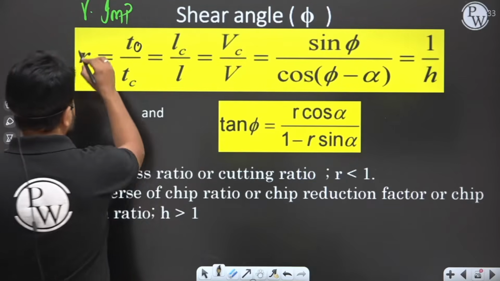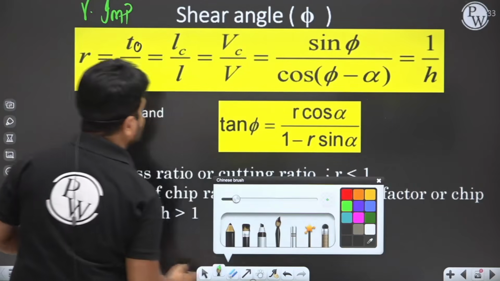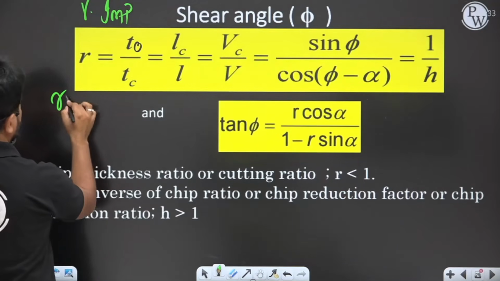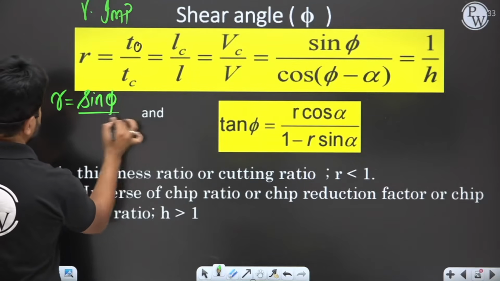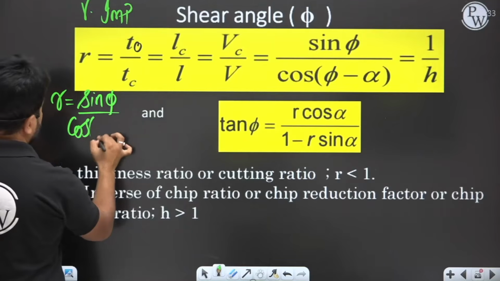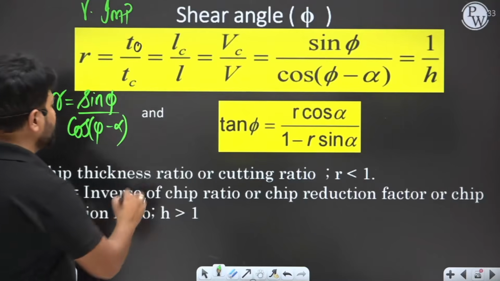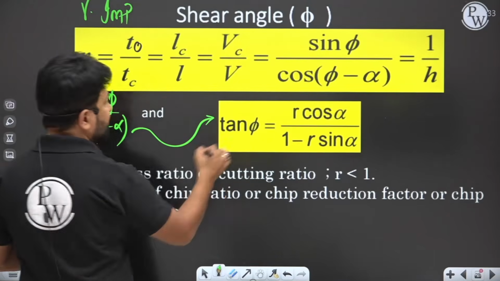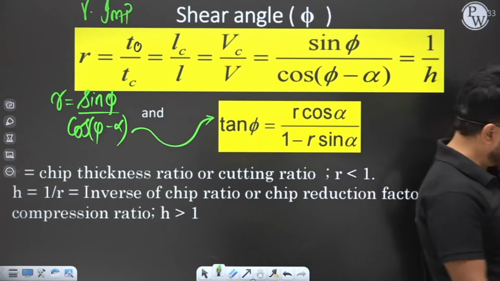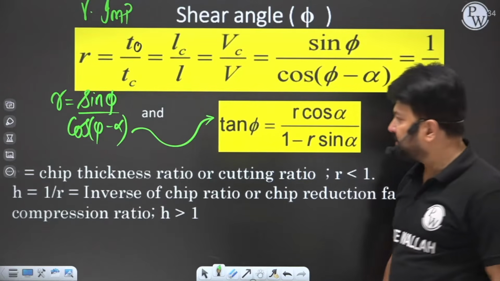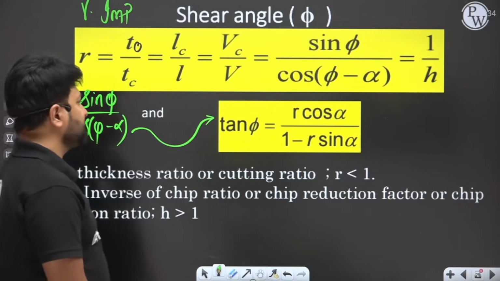Now, by using r equal to sin phi divided by cos(phi minus alpha), and rearranging this, you will get this formula: tan phi equals r cos alpha divided by (1 minus r sin alpha).